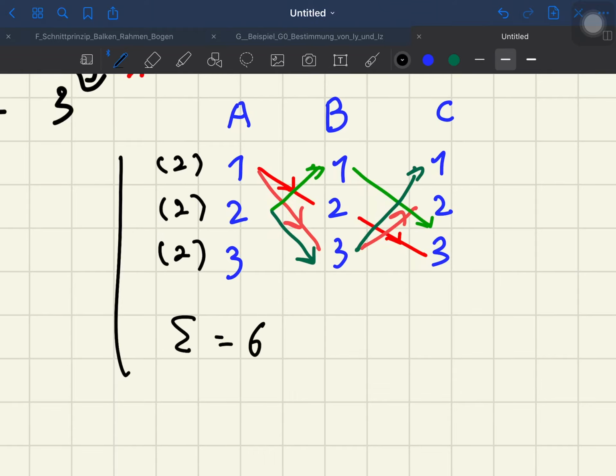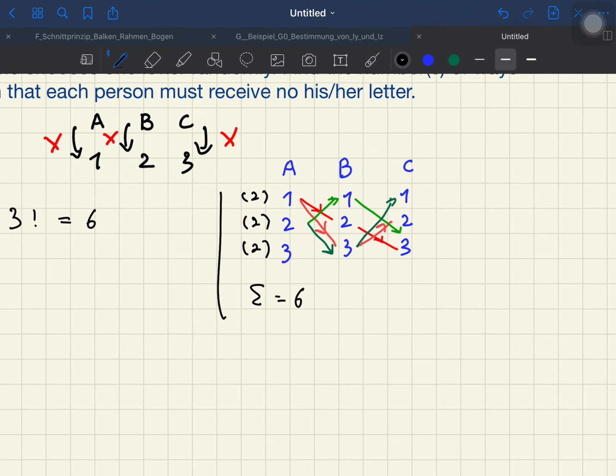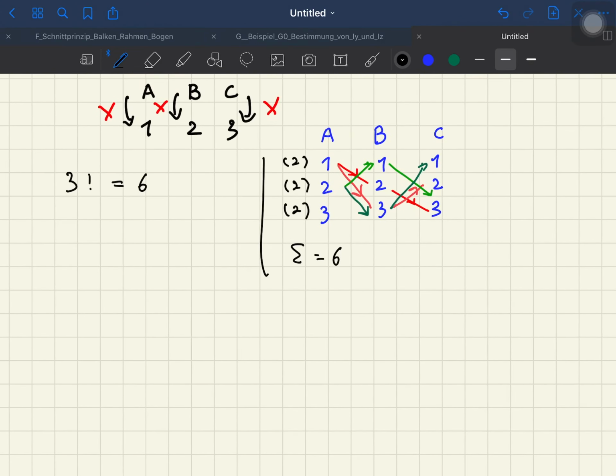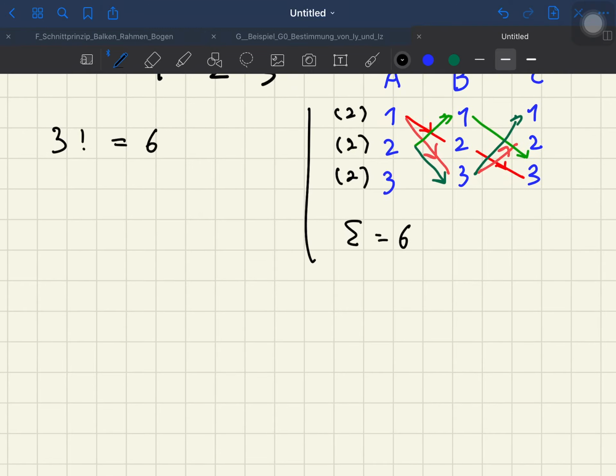So in total, you must have 6 cases, 6 arrangements. We try to analyze the numbers. We try to use the letters again, and lay out the numbers.